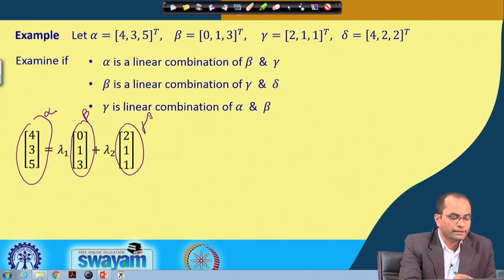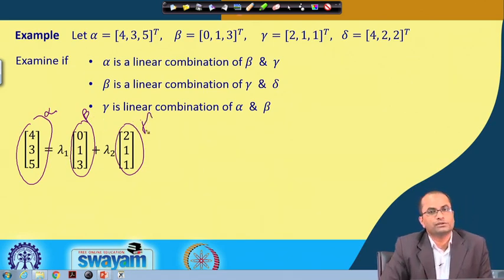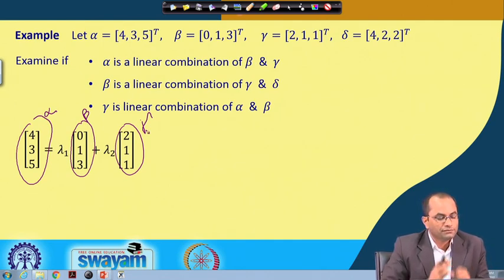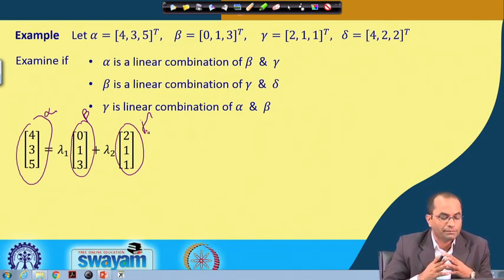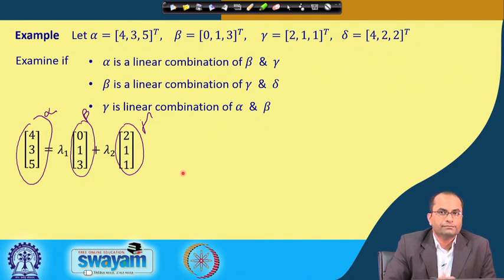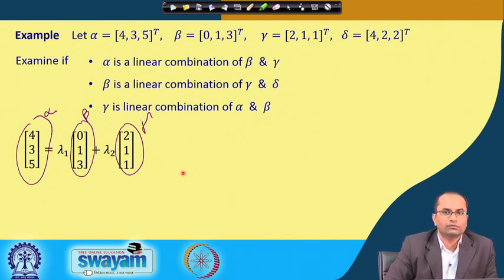So, if we can write down this alpha as lambda 1 beta plus lambda 2 gamma for some lambdas, then we will say yes, this alpha is a linear combination of beta and gamma. Now, to do so, we will check whether it is possible or not, and eventually we usually end up with a system of linear equations to answer all these questions.